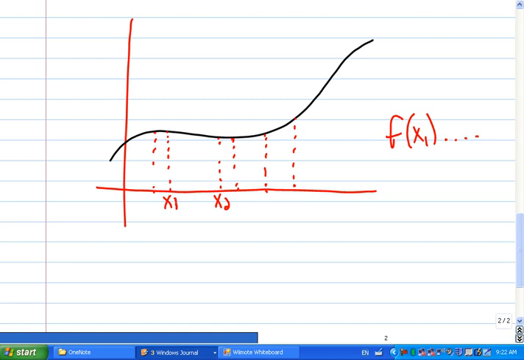But if we know this curve is differentiable, we have this extra feature that the mean value theorem says.